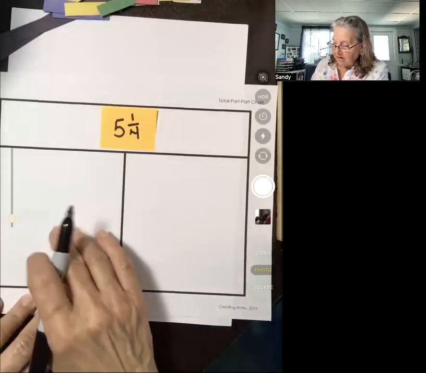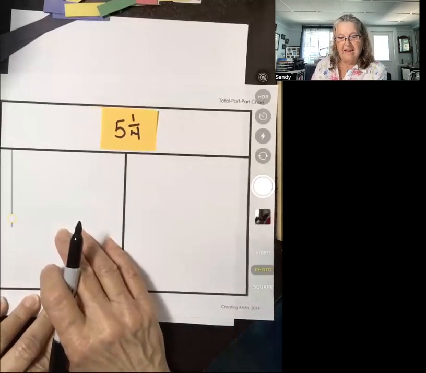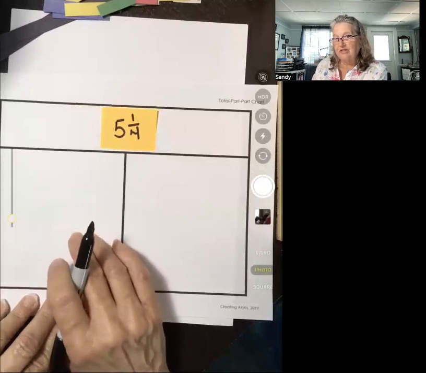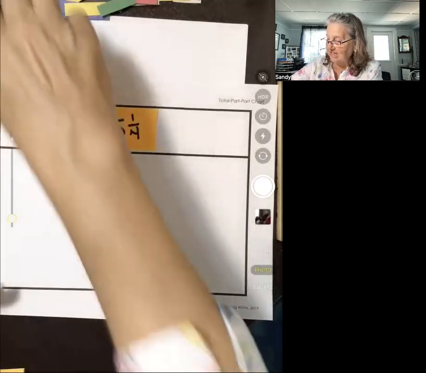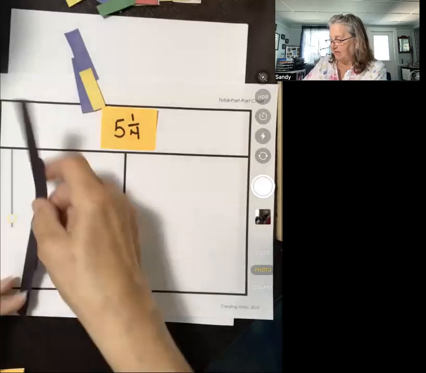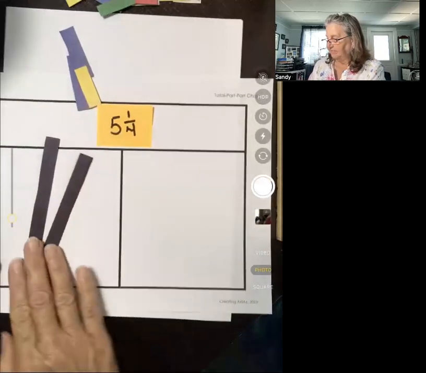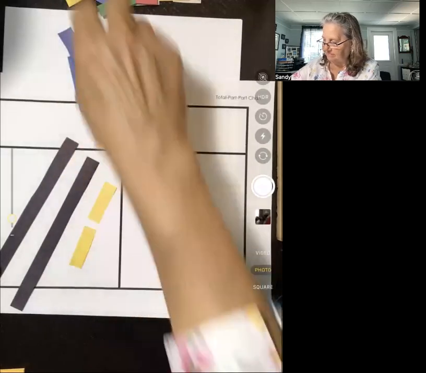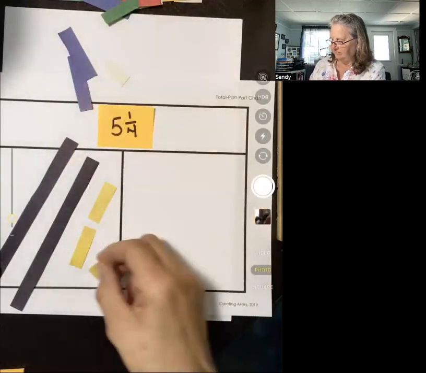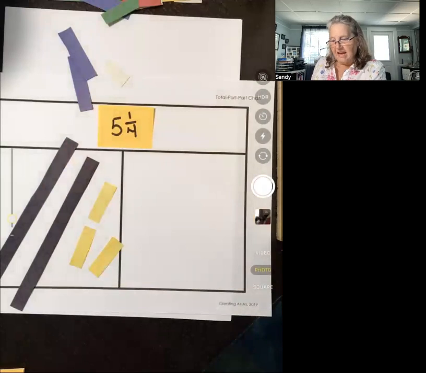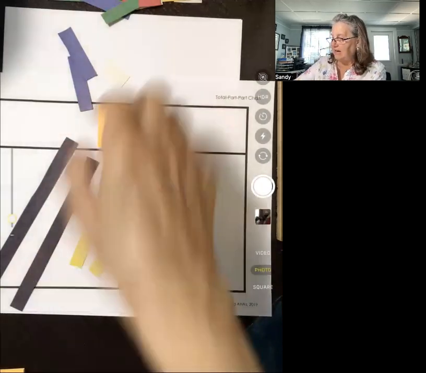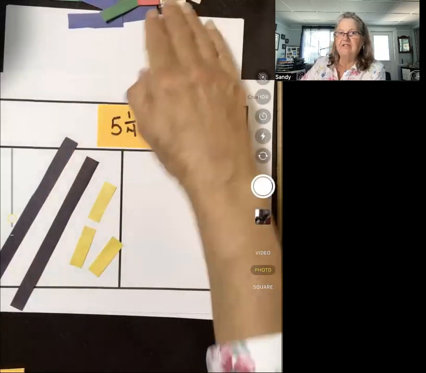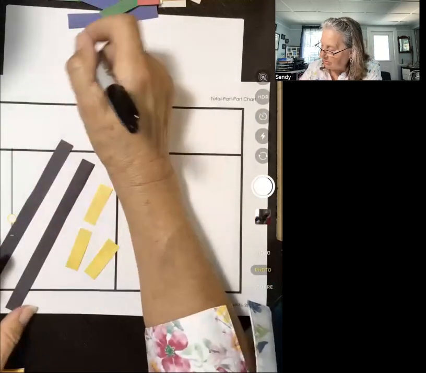I have part of it here. I have 2 and 3/4 sitting over here. I could think of this: here's my 2 pieces, and I've got 3 1/4 pieces. And the idea is I'm going to have to count up, and I'm going to be thinking of this problem in this way.